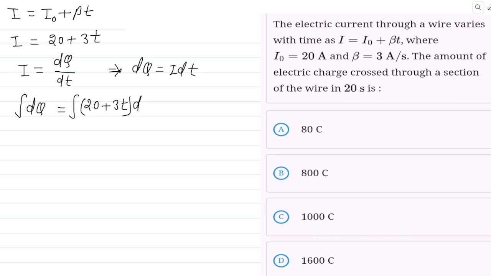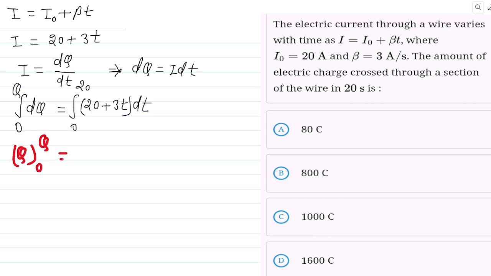Now we have to put the limit. You have to calculate the charge in the wire in 20 seconds. When time t is equal to 0, charge is also 0. When charge is q, then time is 20 seconds. On integrating, the integration of dq is q, with limit 0 to q.